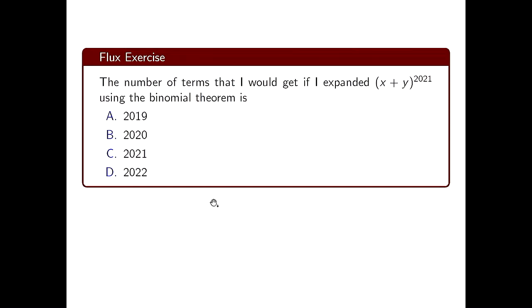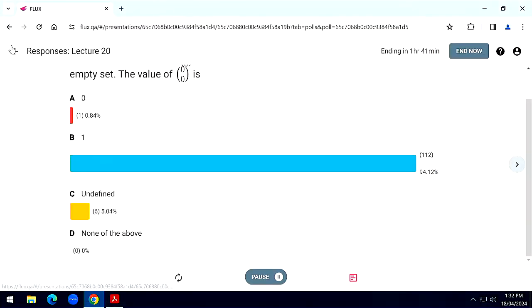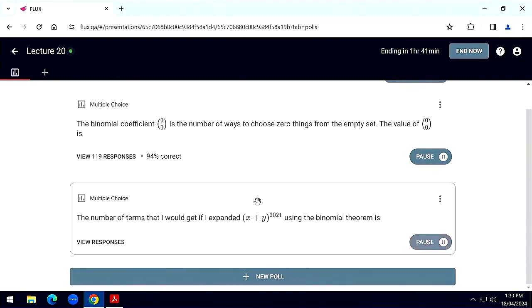Okay, so deceptively simple question coming up. Deceptively simple question that was written in 2021, I think.